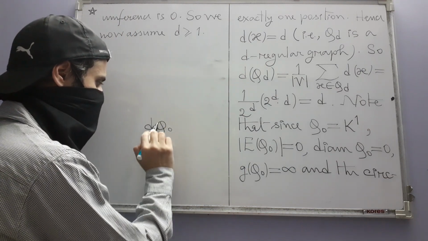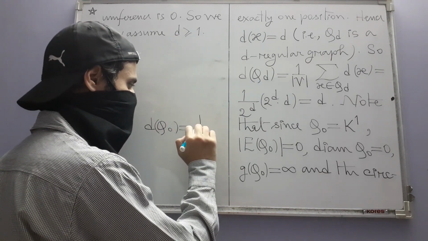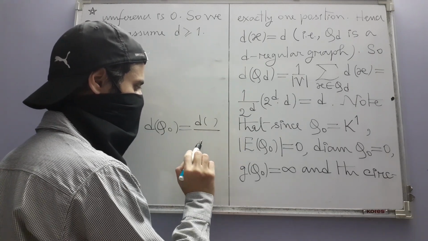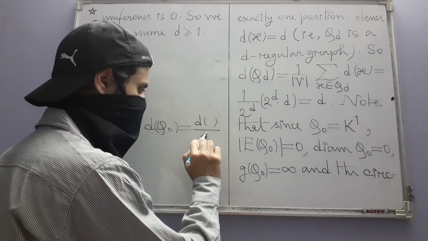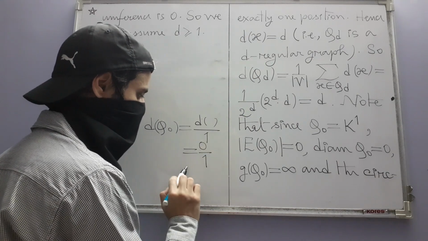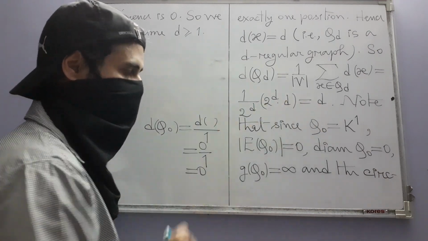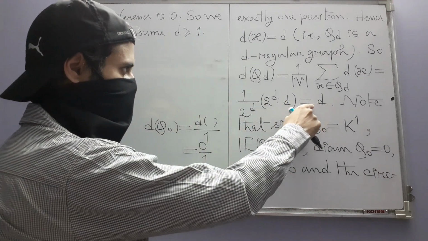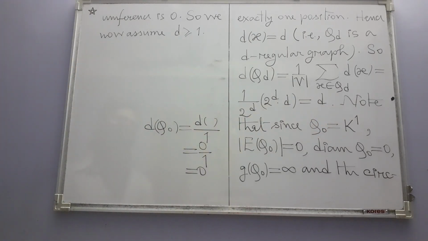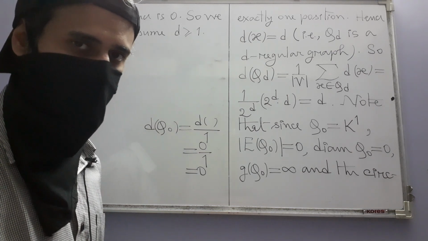If you simply apply the definition of the average degree, it will be the degree of that single empty string or whatever you want to call it, divided by the number of vertices, which is 1. Now that single vertex has degree 0, so it is 0. So the general formula that we have found for the average degree agrees with this case, so there is no problem. Okay, so now we want to find the number of edges in the general QD where d is at least 1.